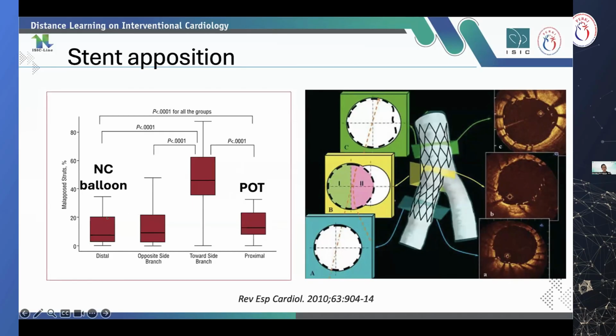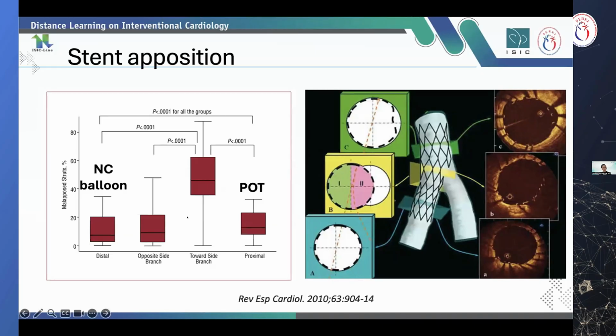This data clearly shows our main branch has good apposition because of the balloon dilatation, and the POT technique is very easy to apply.